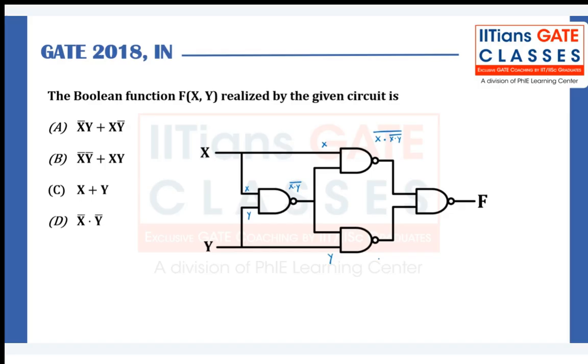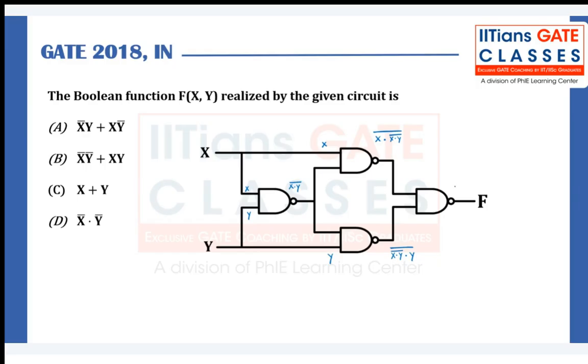Coming to the second one, this is also a NAND gate, A dot B bar. A is coming from the first leg. First leg is X dot Y bar, first leg dot second leg bar. Final. What is the final one?